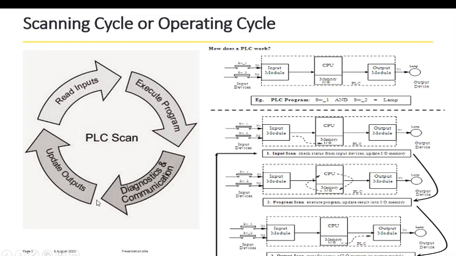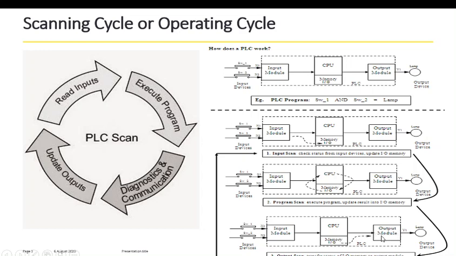The last stage is the update output stage. It updates the previous value with the new value. The output memory status will be communicated to the output module, and previous outputs are nulled and new outputs are overridden in the output module.